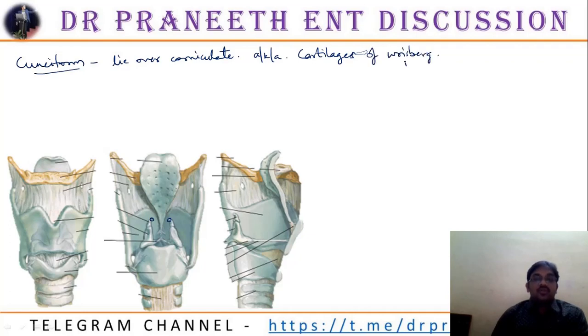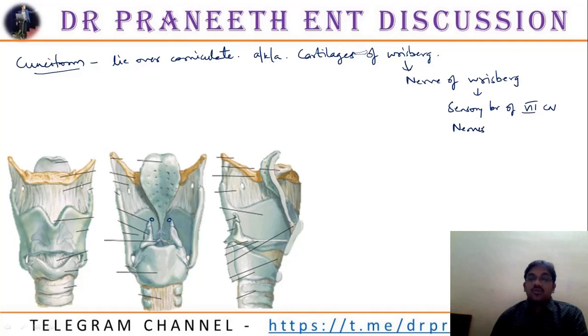Where else do you get this word Risberg? There is a nerve of Risberg. What is this nerve of Risberg? It is the sensory branch of the facial nerve, the seventh cranial nerve, also called nervus intermedius.